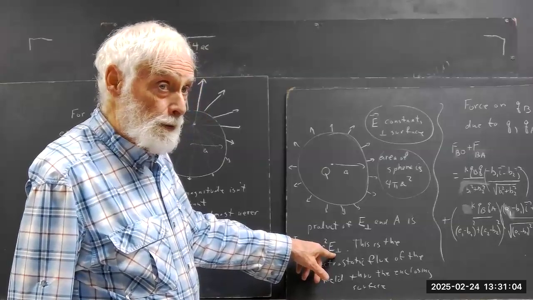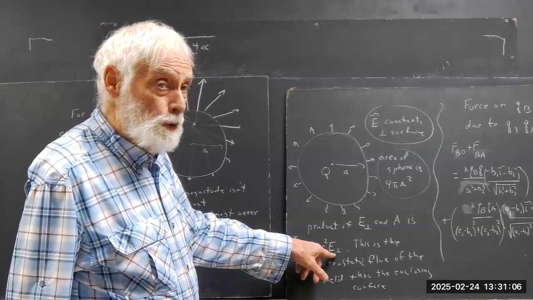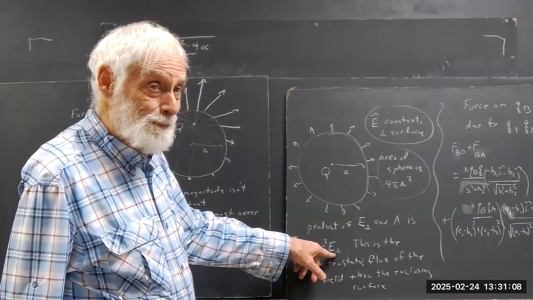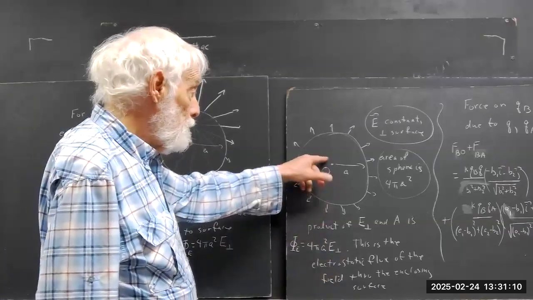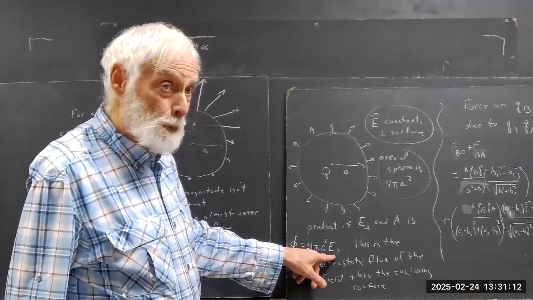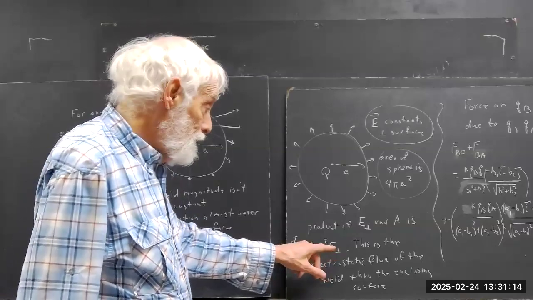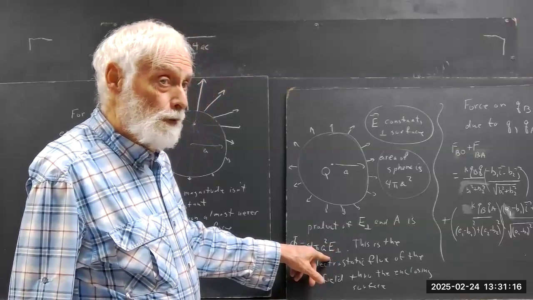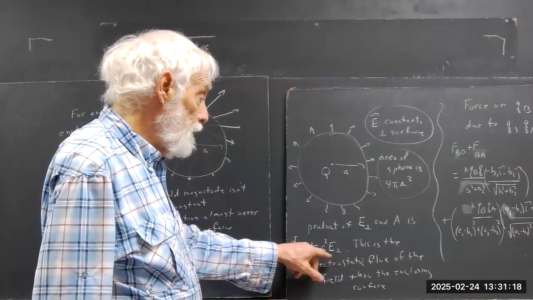What's E perpendicular here? It's KQ over R squared, right? Well, R would be A, so it'd be KQ over A squared. So if E perpendicular is KQ over A squared, this becomes 4 pi KQ.